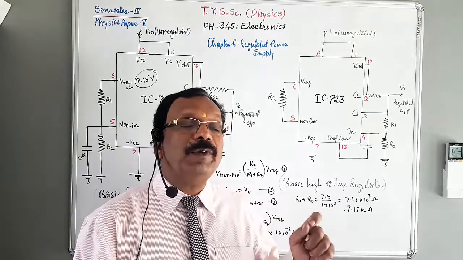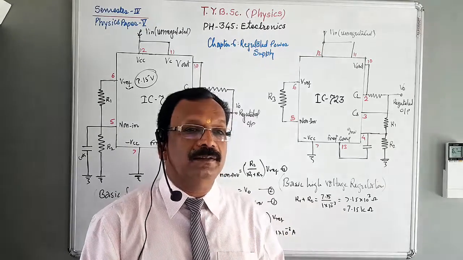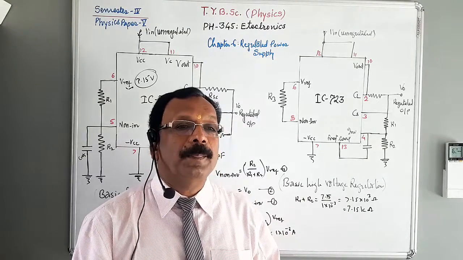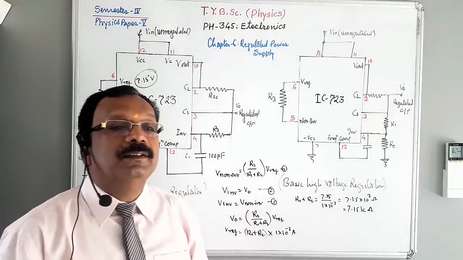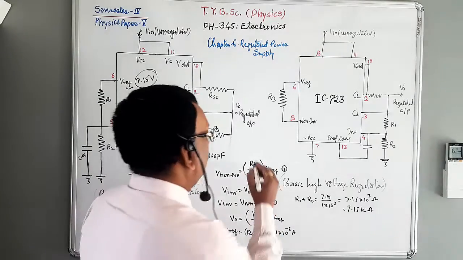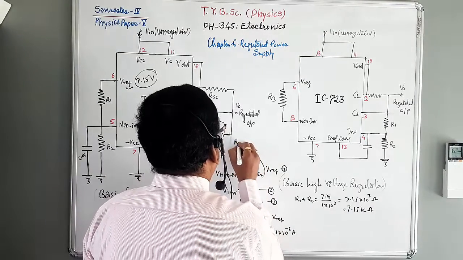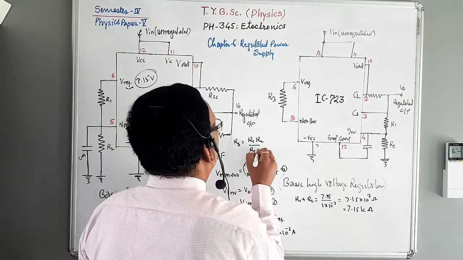Now assume the value of any one resistor, then we can calculate the other. R3 must be equal to R1 R2 upon R1 plus R2.